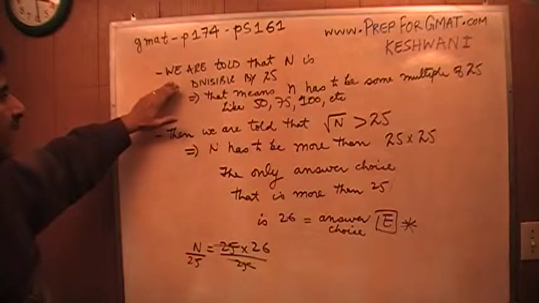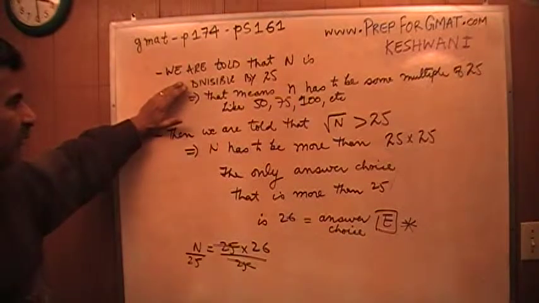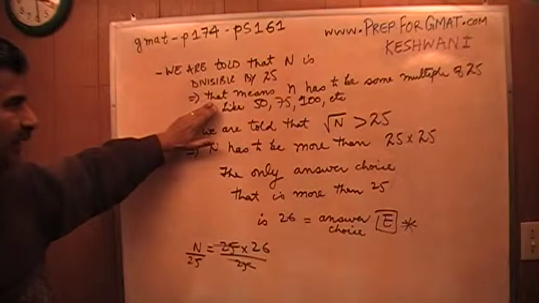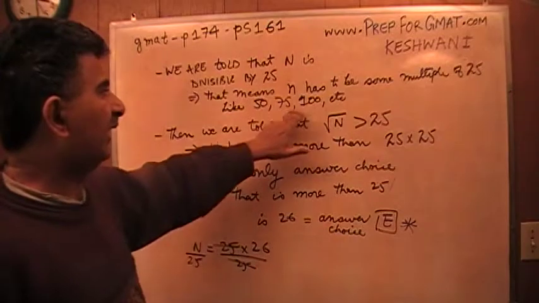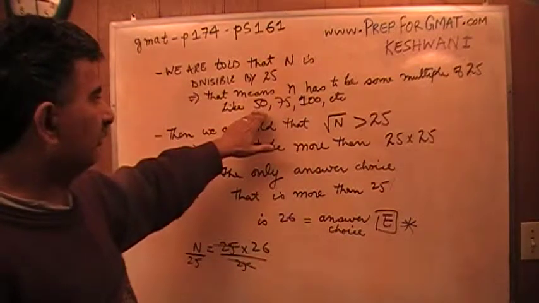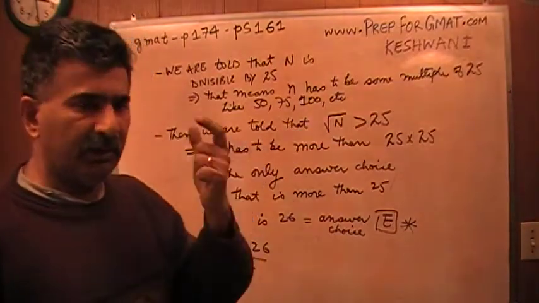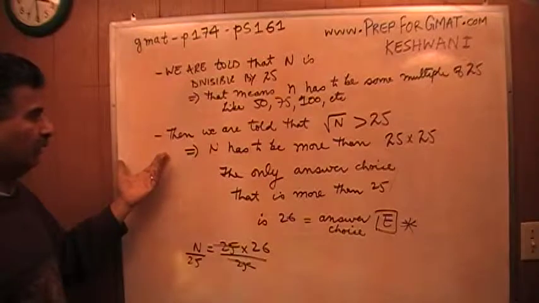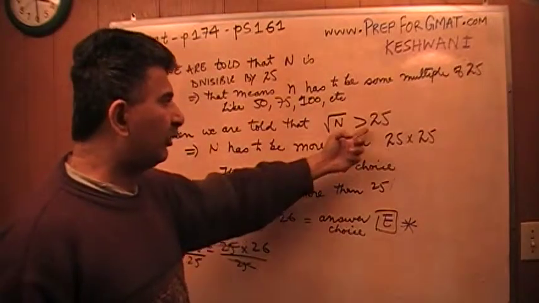We are told that n is divisible by 25. The very first thing I gather from that is that whatever that n is, it has to be some multiple of 25, like 50, 75, 100. That's the only way it's going to be evenly divisible by 25. Then we are told that the square root of n is more than 25.